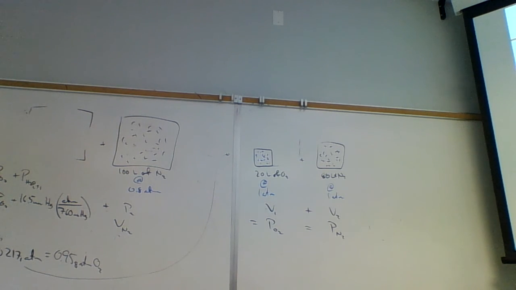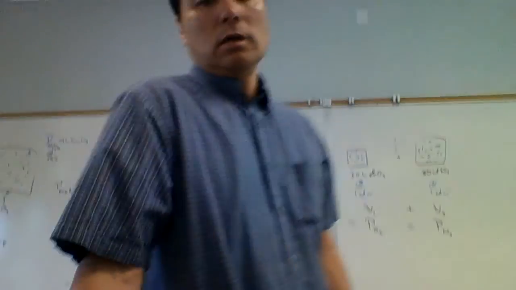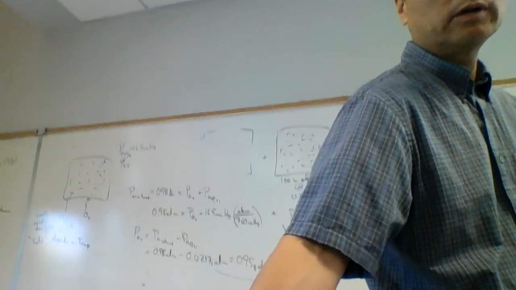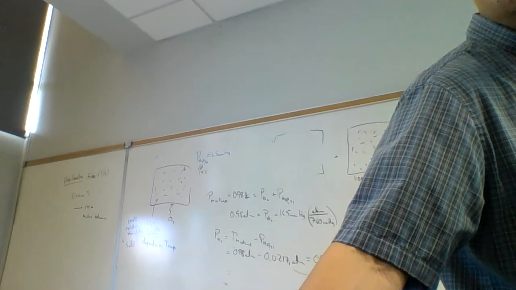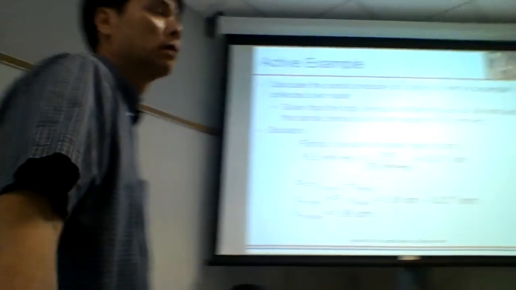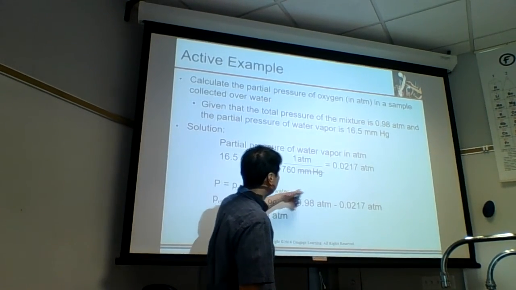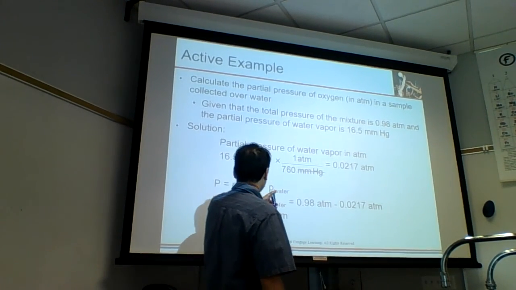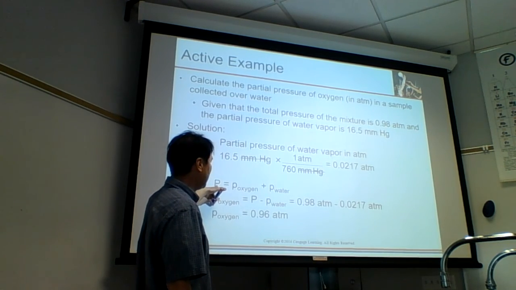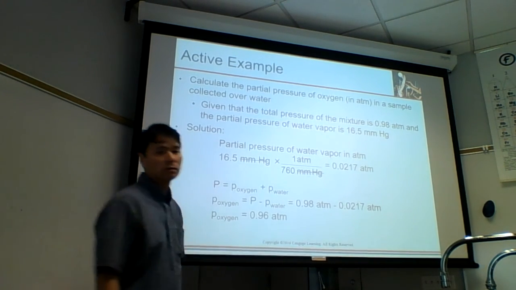So they're doing it in atmospheres too. So we have 0.96. In other words, 0.96 atmospheres of oxygen plus 0.02 atmospheres of water yields 0.98 atmospheres total.